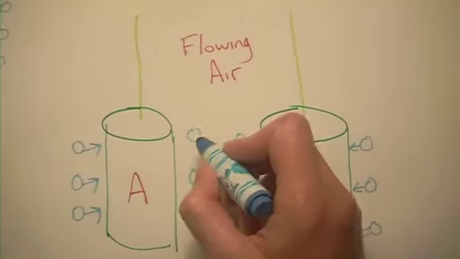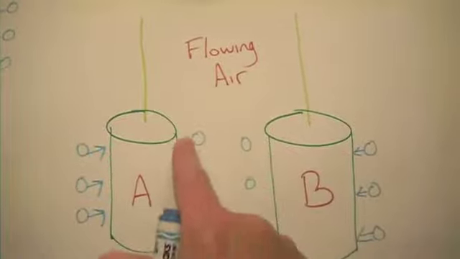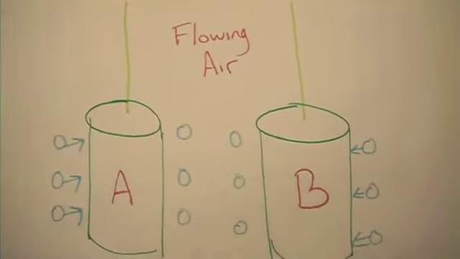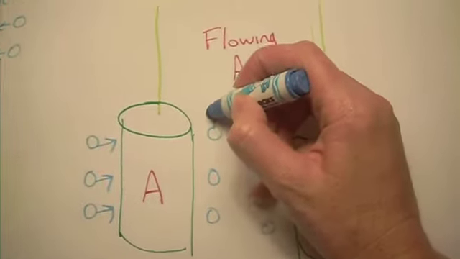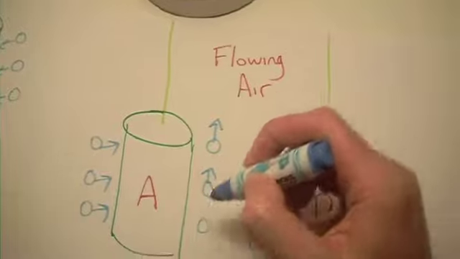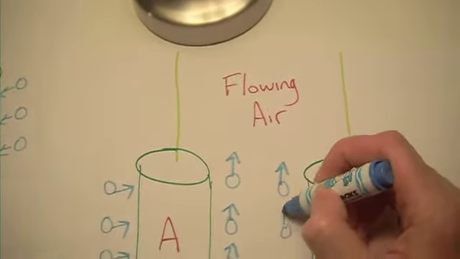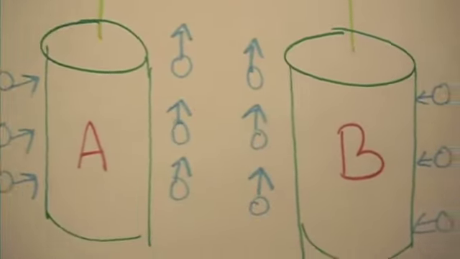But the molecules that usually would be bouncing against the inside of the tunnel are now pushed in a direction like this, because the air is flowing. They are not going sideways to the can, they are going through the air tunnel.